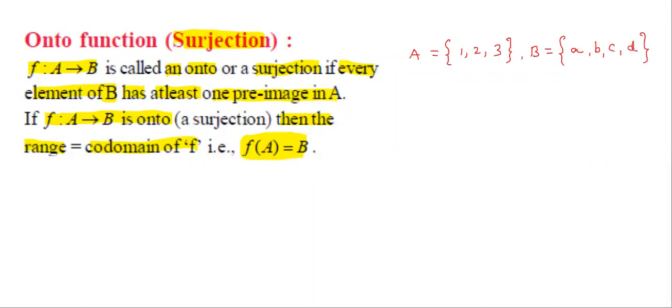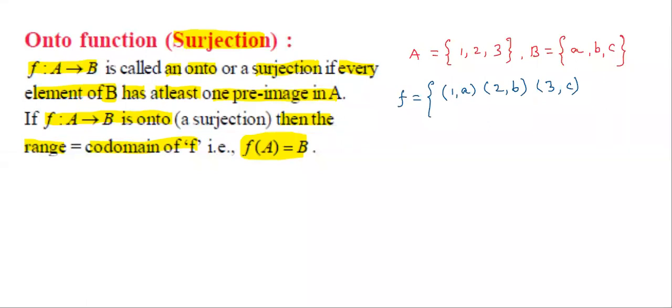Next, draw the Venn diagram or first write the function F maps A to B. So here F: 1 comma a, next 2 comma b, next 3 comma c. So here we need to take only three elements in B because the number of elements in the B set is less than or equal to the number of elements in the A set. We can't take more elements in the B set.